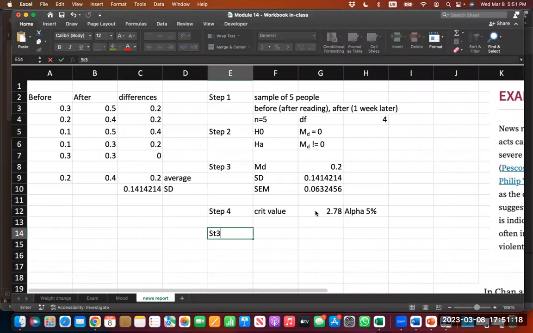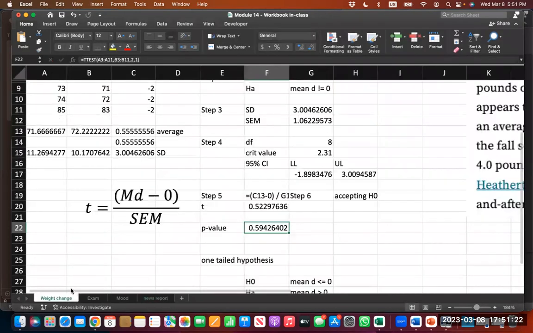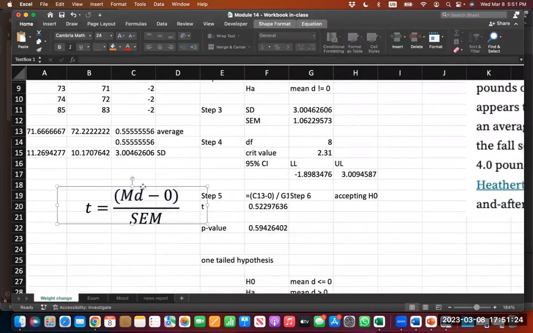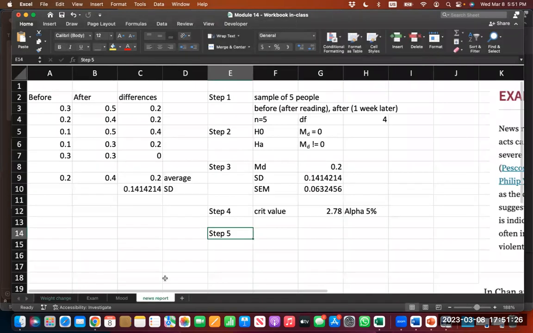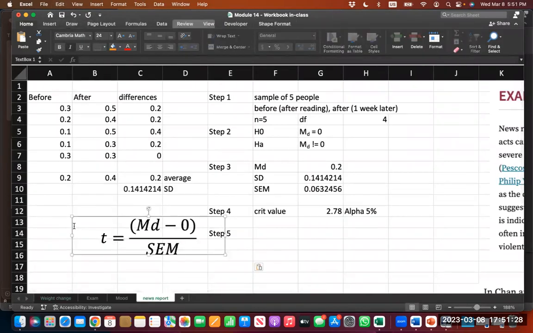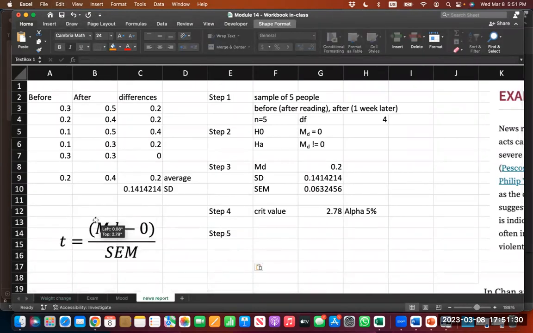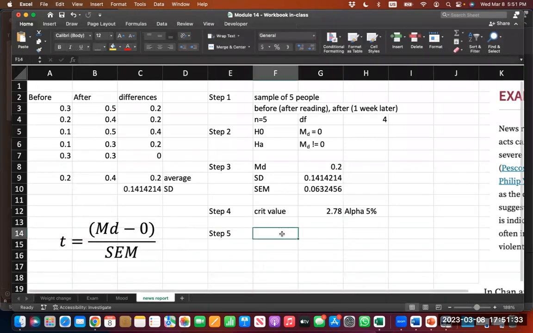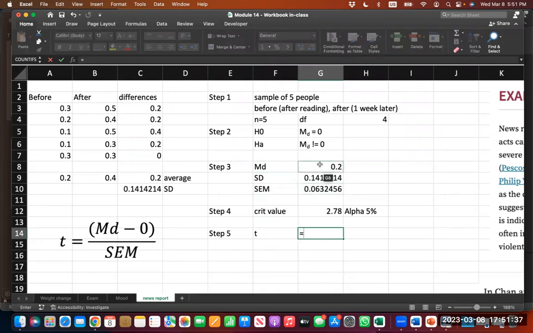Then last but not least, we're going to do the actual test. I just want to bring this formula back. So our t is now the mean difference minus 0 divided by the standard error of the mean.